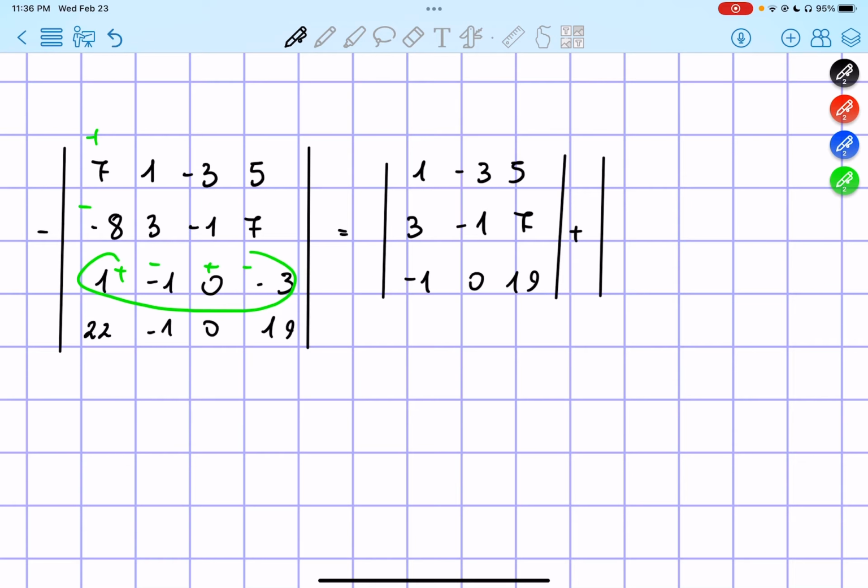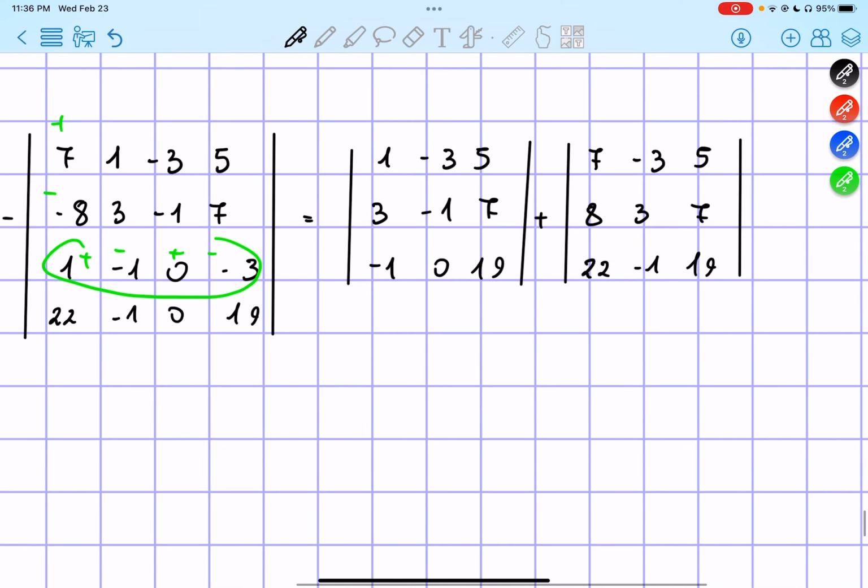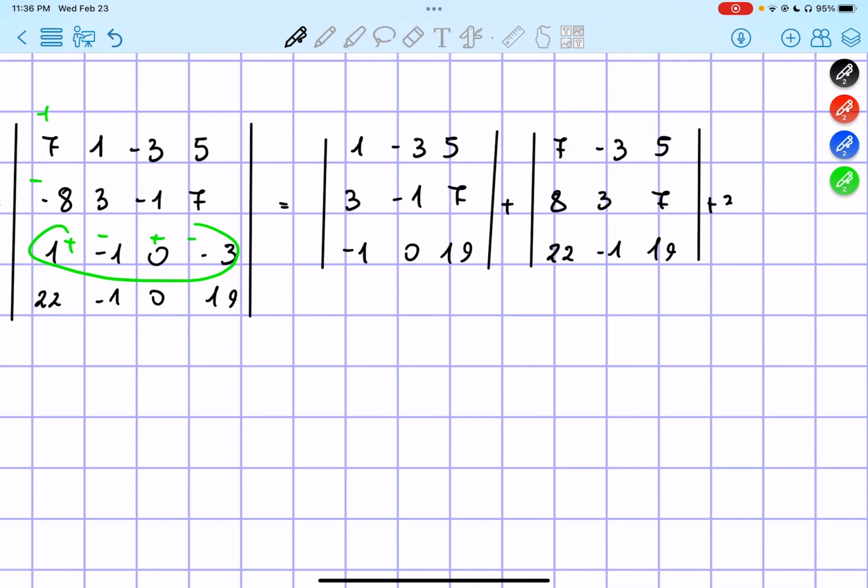Okay, and then -1, so I'm the plus 1 determinant of this, which equals, let's see, 7, -3, 5, 8, 3, 7, 22, -1, 19. I can skip the 0 and go to the 3, so -3, so positive 3.